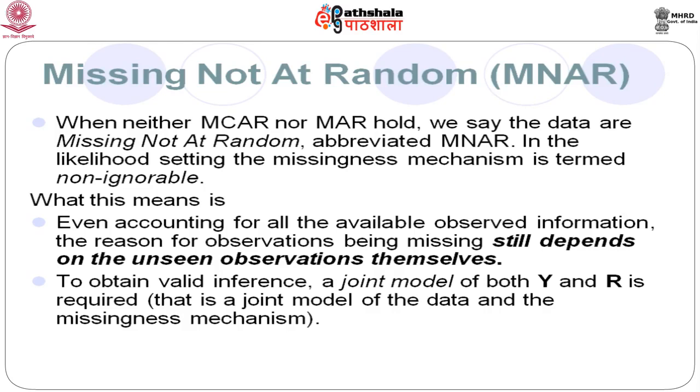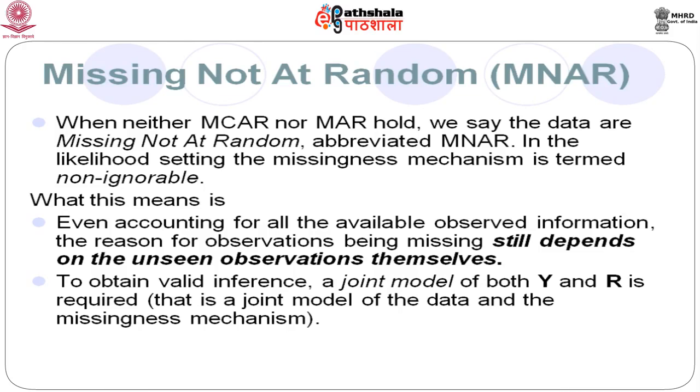We say that the data are missing not at random when neither MCAR nor MAR hold. Okay. In that case, the likelihood setting the missingness mechanism is termed as non-ignorable. The situation is a typical situation. Mathematically, we can show that we cannot ignore the missingness probability part from the likelihood, but in the other two situations it was possible.